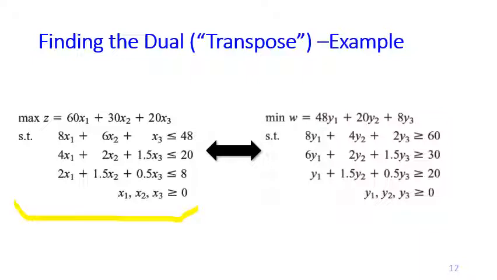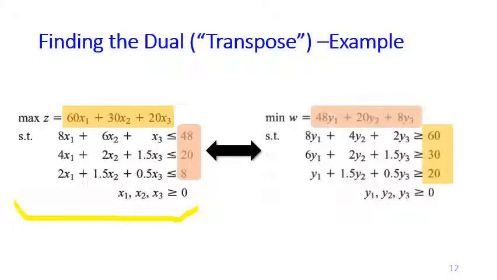In my mind, I transpose the objective function of the primal to become the right-hand side of the dual, and the right-hand side of the primal to become the objective function of the dual. So that's what I do first.